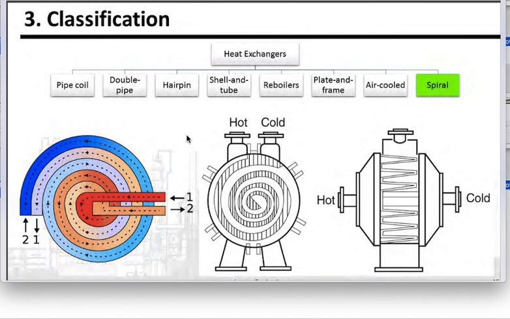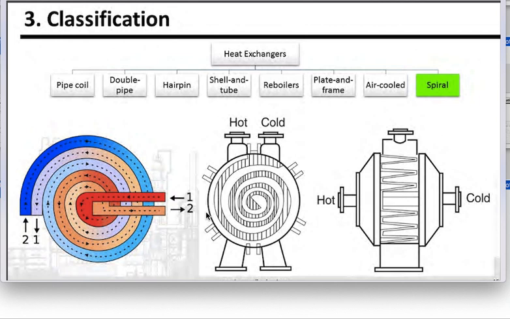In chemical or petrochemical: slurry heating and cooling, polymer solution and crystalline, because this curvature prevents the settling of particulate matter, and we can apply it easily for viscous applications. Utility and environmental: waste water heat recovery, sludge heating, effluent cooling, flue gas, and condensate cooler also.